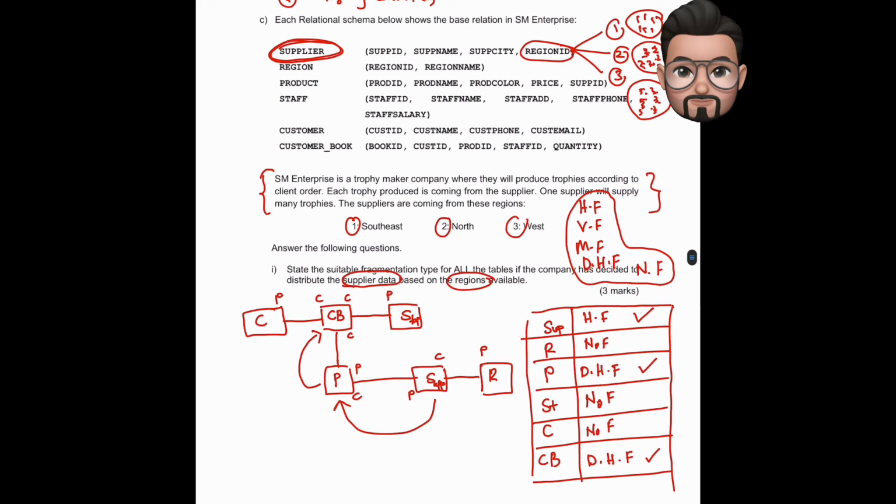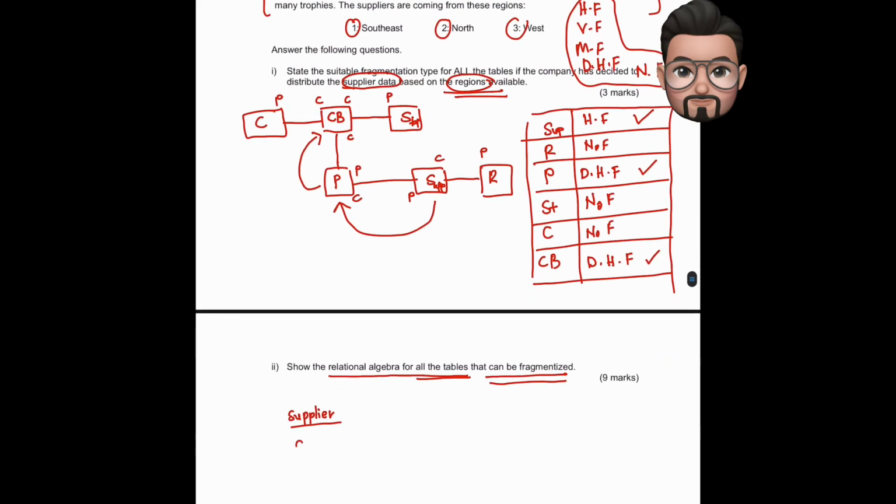So inside supplier, how do we want to divide the supplier? According to its region. So S1, I will select region ID equals to 1 from table supplier.